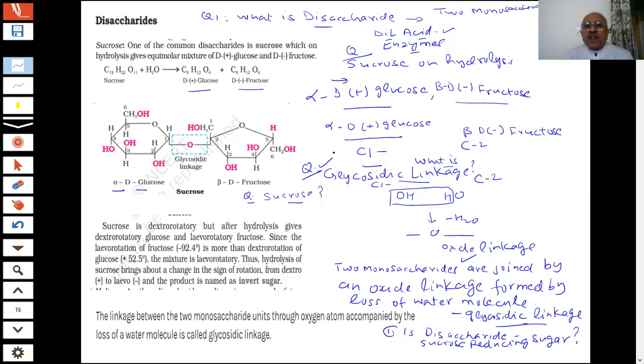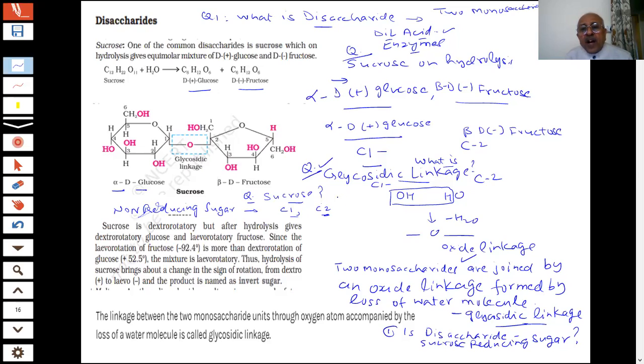In this case, therefore, students, we will find that this sucrose is a non-reducing sugar because there is no free CHO or CO group. Clear? This is a non-reducing sugar, student, because the linkage is at C1 of glucose and C2 of fructose.